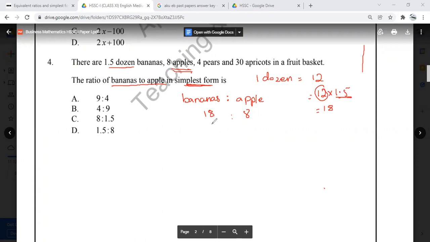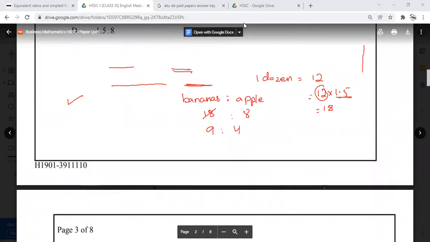Now you need to simplify it. 18 and 8 both come in the table of 2. So 2 9s are 18 and 2 4s are 8. So the answer is 9:4. Similarly, let's see if we can find another question in this 2019 paper. I forgot to clear the annotation.